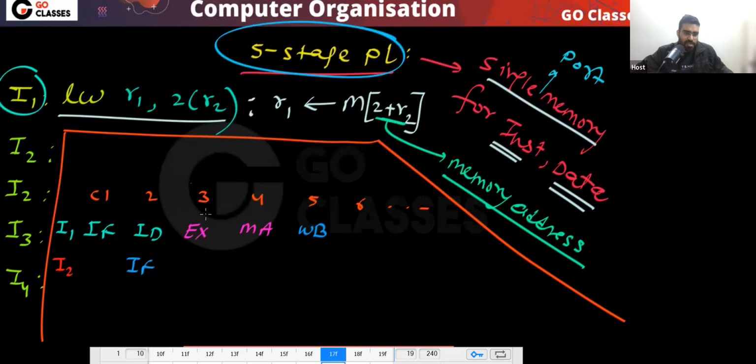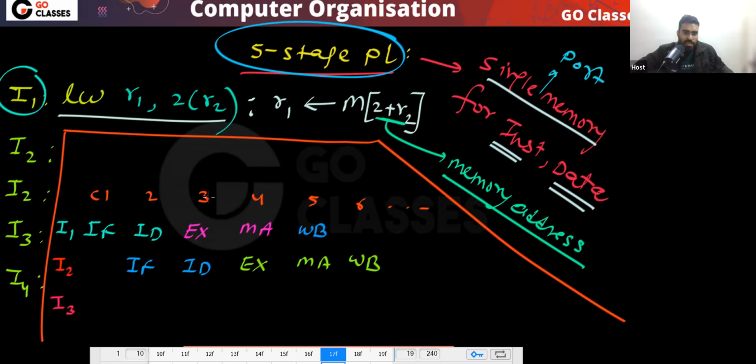In cycle C3, when the load instruction is calculating the address in the ALU, I2 can use the ID stage, the decoding stage. In cycle C4, I2 goes to the execution stage, then memory access, then the WB stage, register write back.